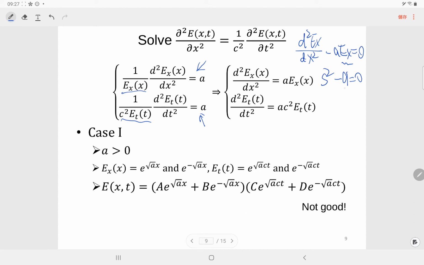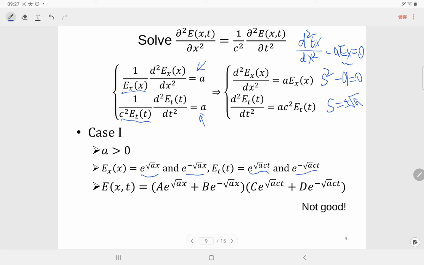If a is larger than 0, then s should be plus or minus square root of a. In this case, it should be two exponential functions, and similarly for E(t), which is not what we like to have, because it is exponential decay.